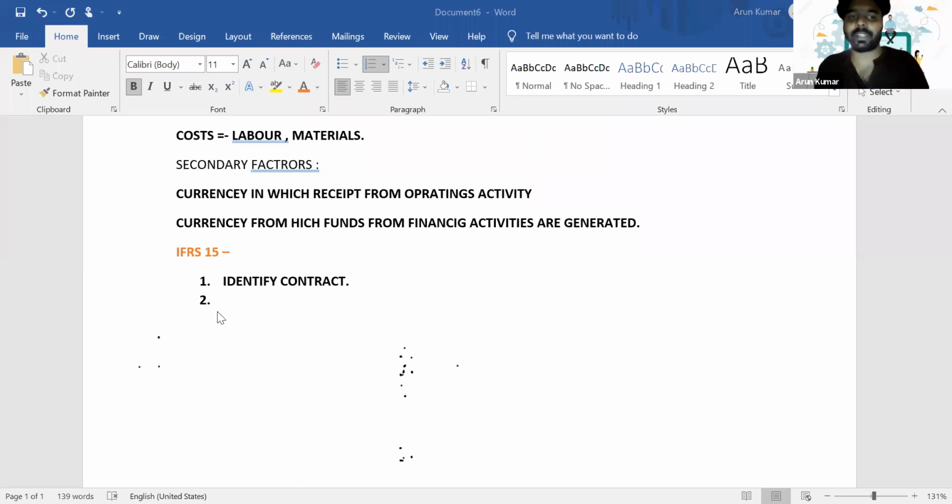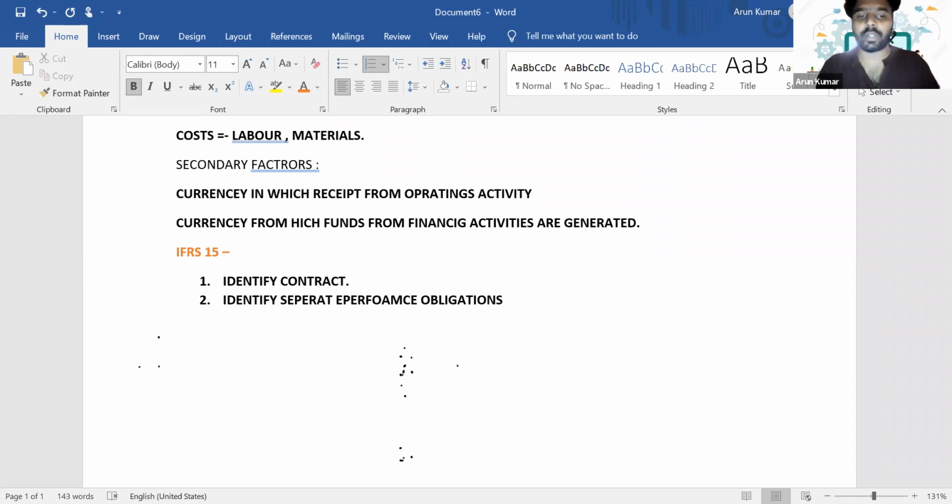Once we identify the contract, the next step is identify separate performance obligations. So here, let's say they have told that with the car, they will provide 3 years service as well. So 3 years free service.